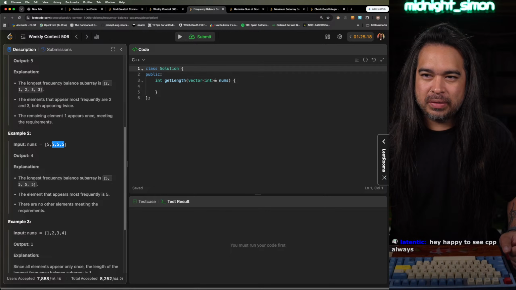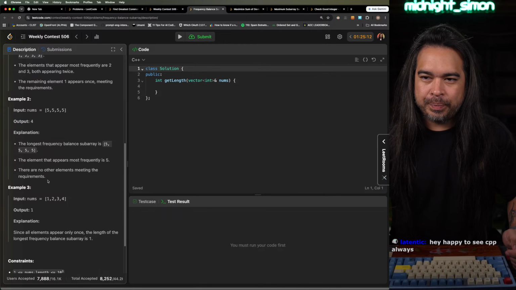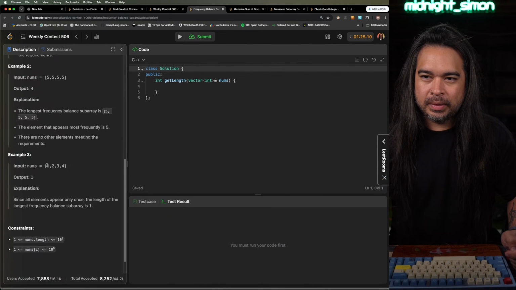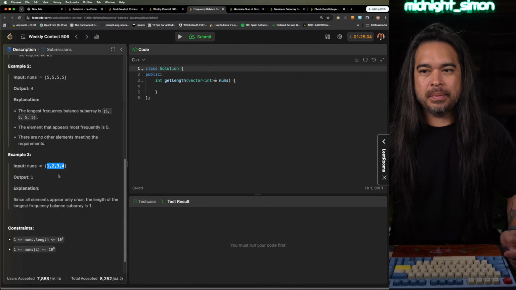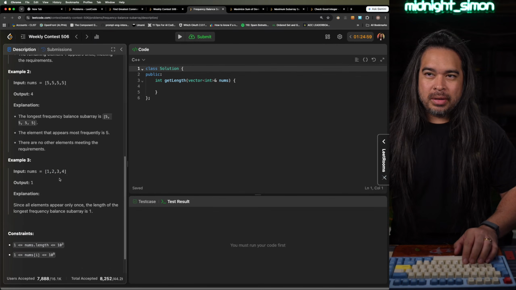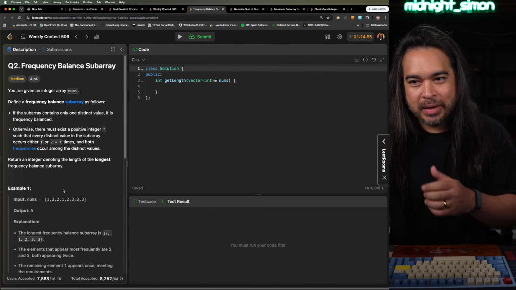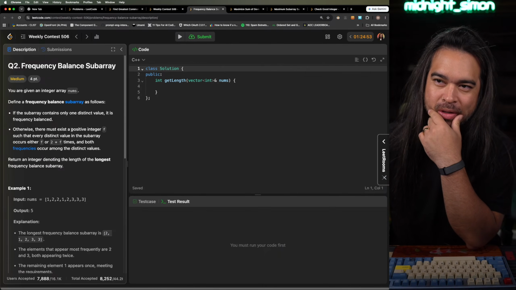Let me see. This one all same distinct value. I'm thinking some type of sliding window, but I'm not sure.